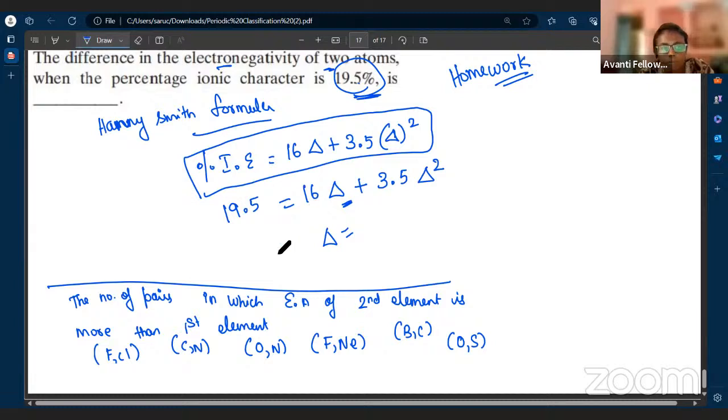Fine, so that's it for today, and I'll meet you tomorrow. What is the chapter for tomorrow, so that you can revise and come prepared? Tomorrow's class will be solving questions on D and F block elements.